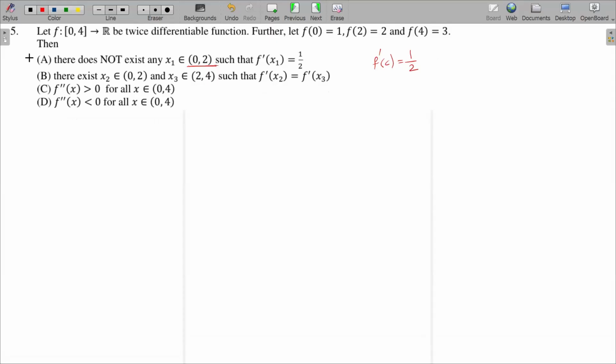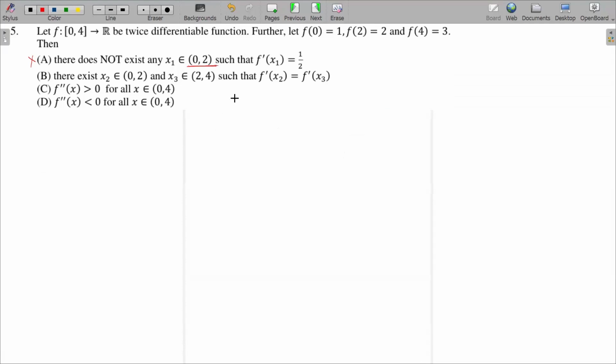So this is not true. So option B is correct.